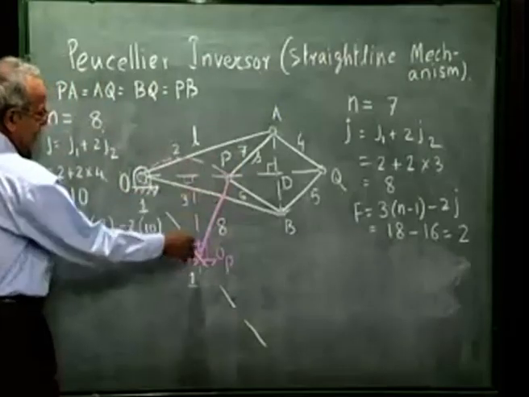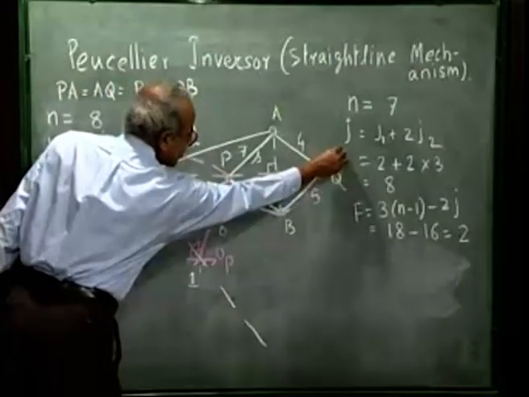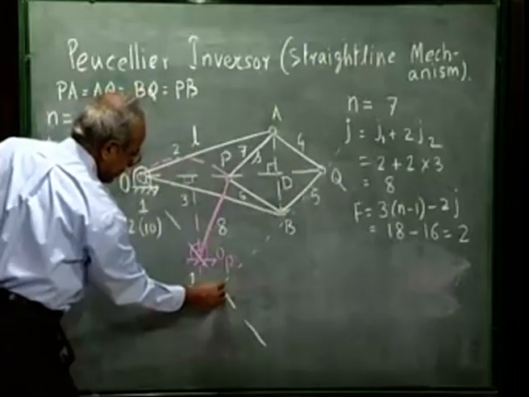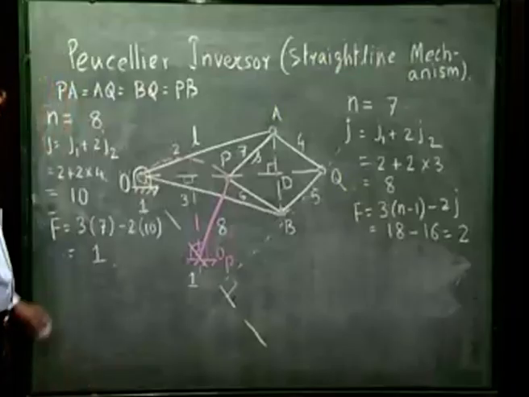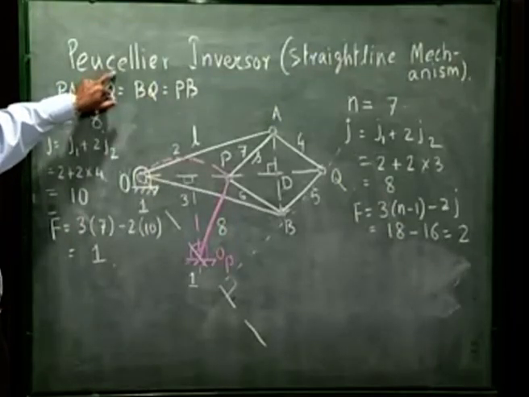So, when this 8-link mechanism moves, Q will move along a straight line perpendicular to this diameter of the circle. This is what we call the Peaucellier inversor.